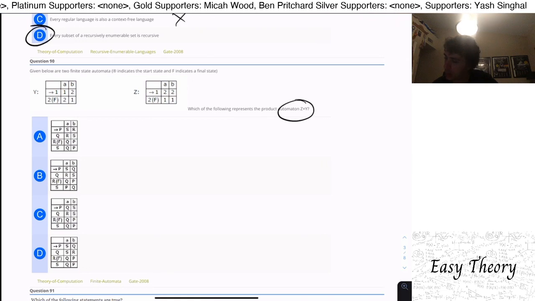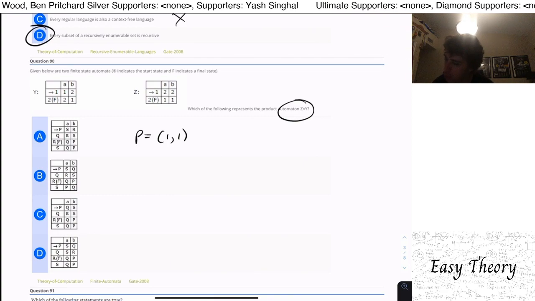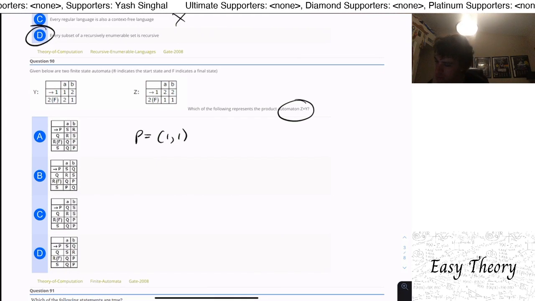Product automaton. Okay, so we can tell that P is equal to 1, 1 here because it's the start state here.